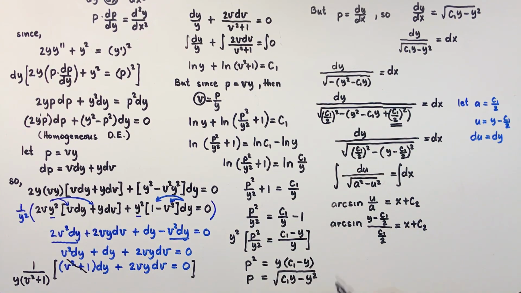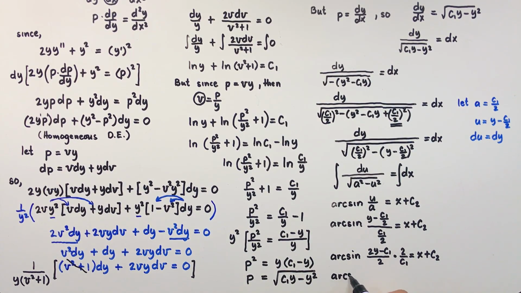Now, simplifying our numerator there to form one fraction, we have 2y minus c sub 1 over 2 divided by this one. So we multiply by the reciprocal of this, 2 over c sub 1, which is equal to x plus c sub 2. And this is cancelled here.